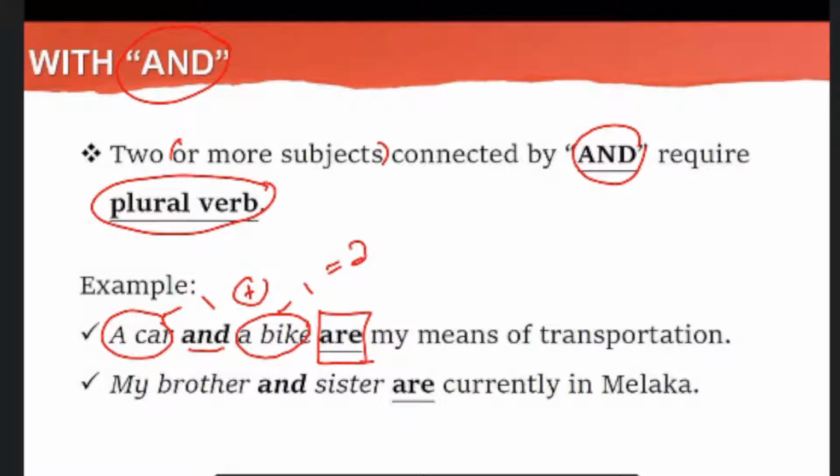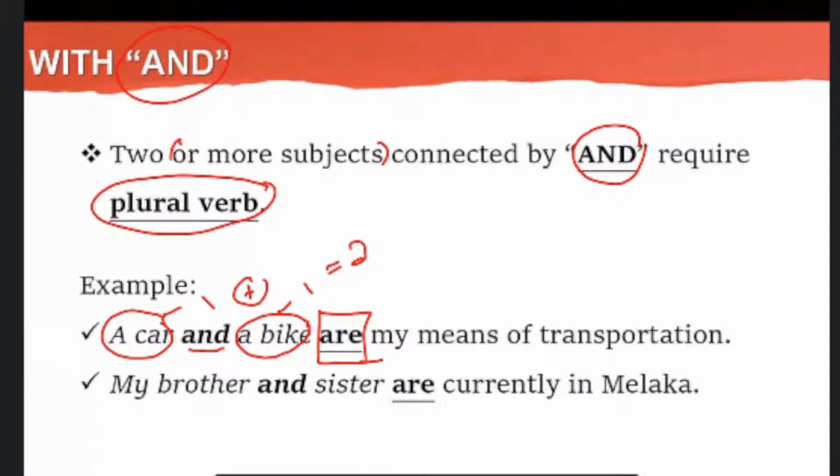I hope you are clear with this. One subject plus another subject connected by and becomes two subjects, so you need to use a plural verb. The plural verb will be are. A car and a bike are my means of transportation. That will be example number 1.